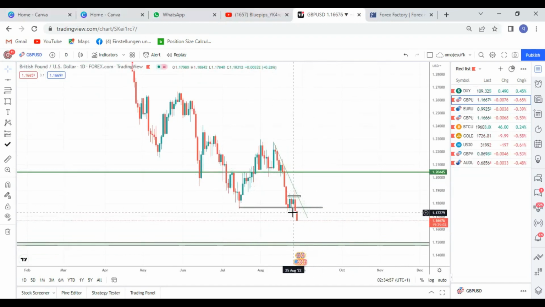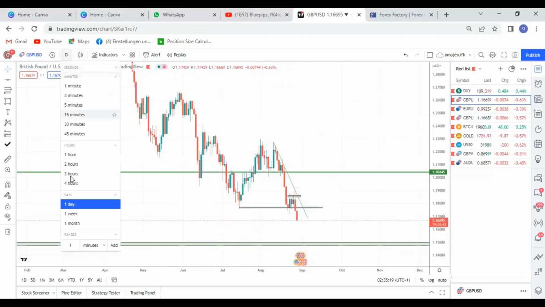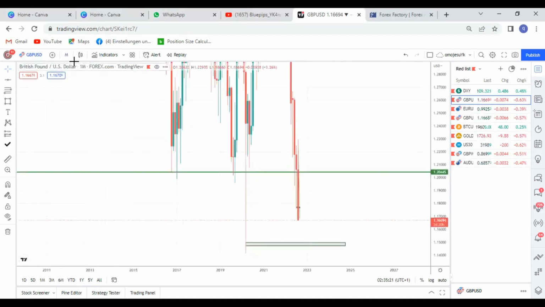We can see that when the market opened, it broke this support on Friday. When the market opens this week, all I will be expecting is to sell all the way to this point, which is the next support.